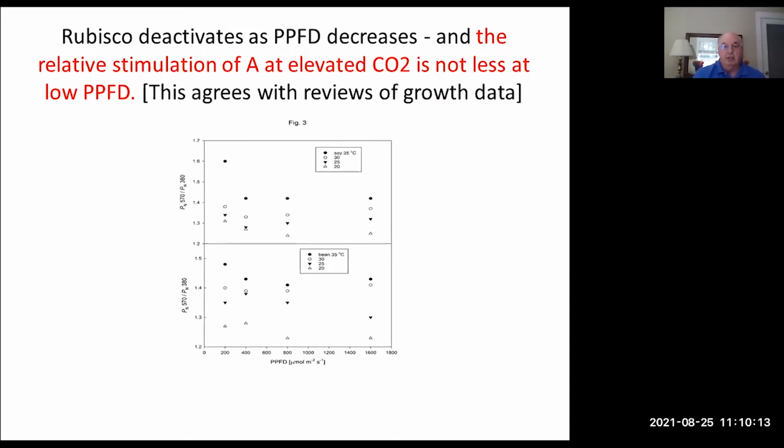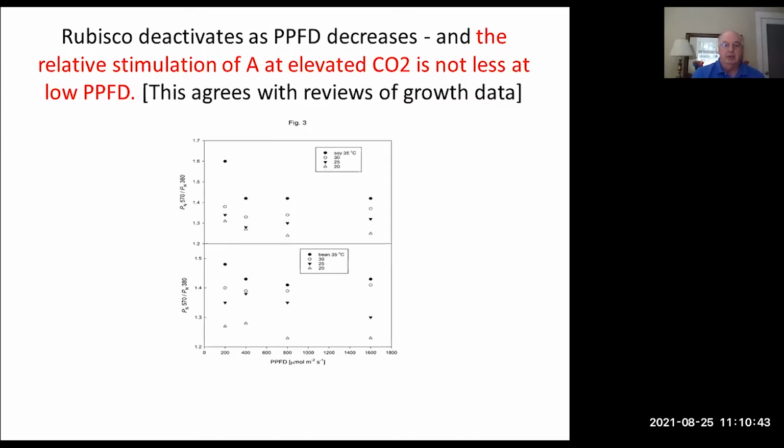The top panel is soybean measured at 4 different temperatures, and the bottom is bean leaves measured at 4 different temperatures. As you go across in PPFD, there's no case in either of those species at any temperature where the relative stimulation is reduced at low PPFD.